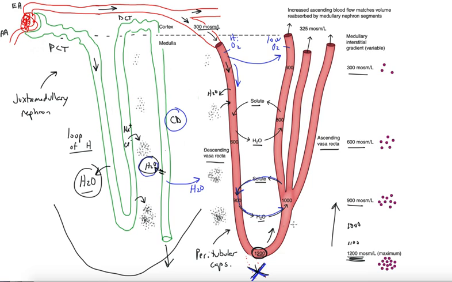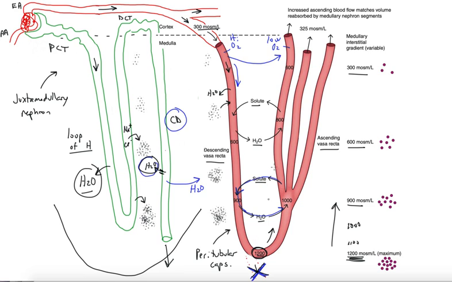Okay. Key points, right? The loop of Henle is a countercurrent multiplier that creates the corticomedullary solute gradient that is really important for water conservation by the kidney as a whole, but specifically at the collecting duct, where ADH is giving us water permeability, right? Previous video.